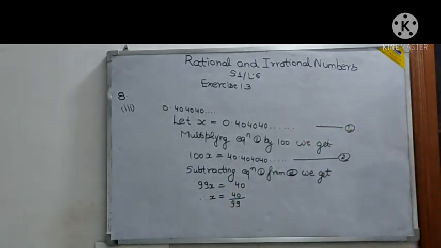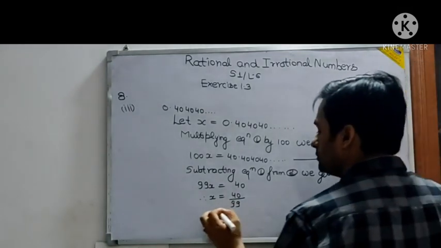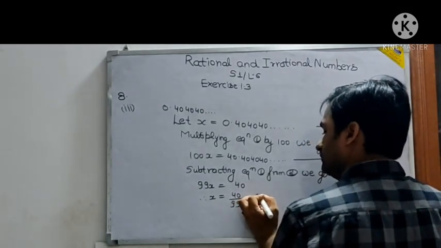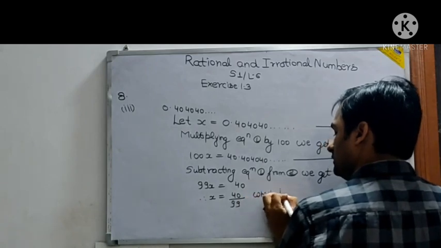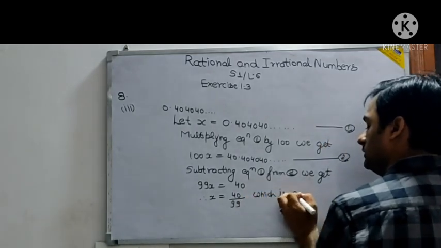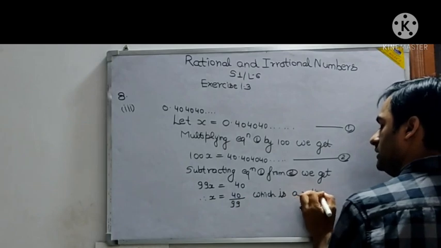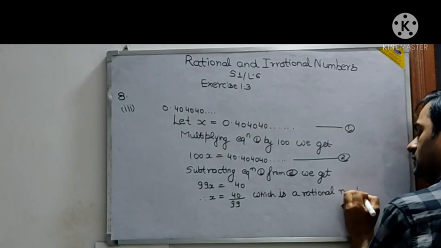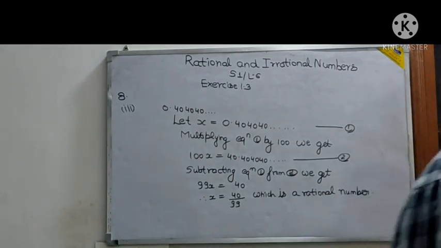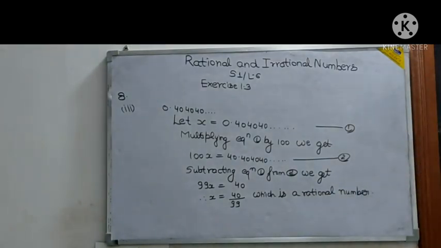Is there any factor that can divide both of them? No. Which is a rational number. Okay, let's verify the answers. In the first part the answer we got was 1 by 3, and the third part is 40 by 99.